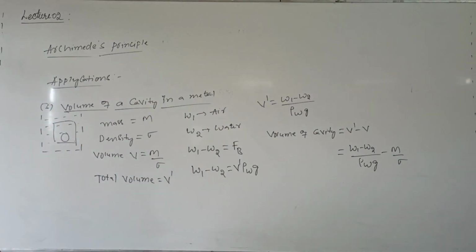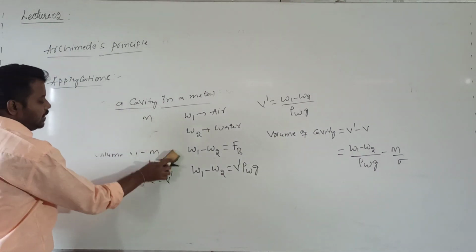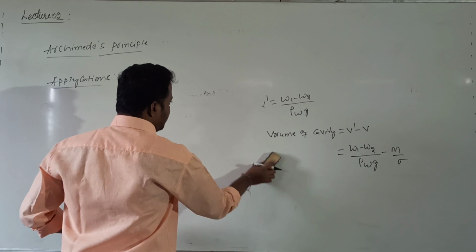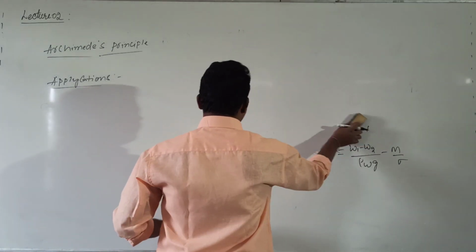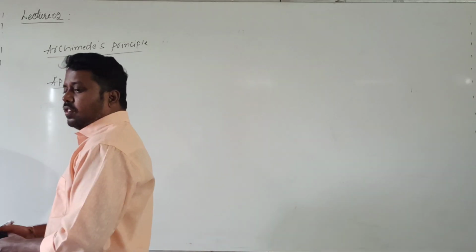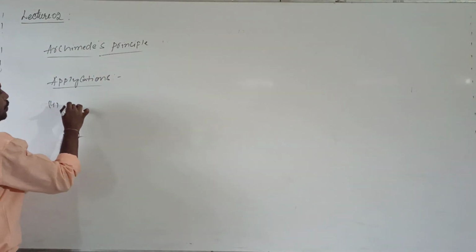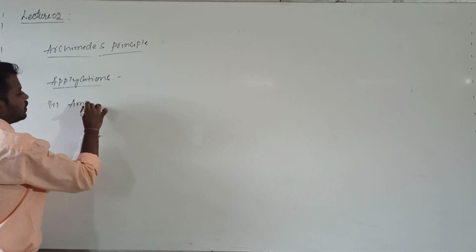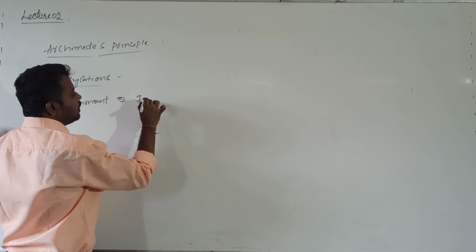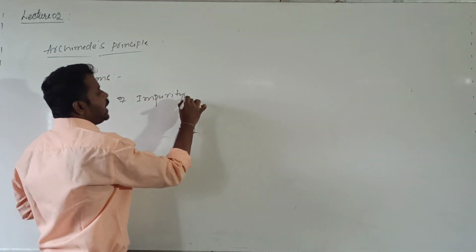So the last application for this Archimedes principle. What is that application? The fourth application for this Archimedes principle is to find the amount of impurity in a metal.